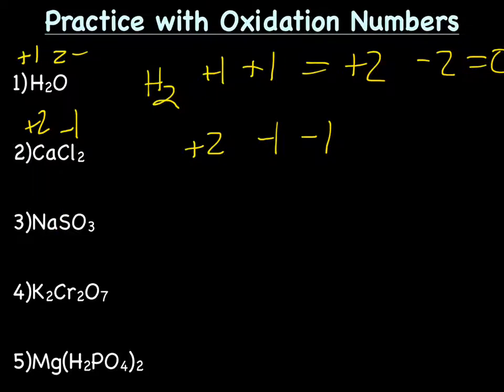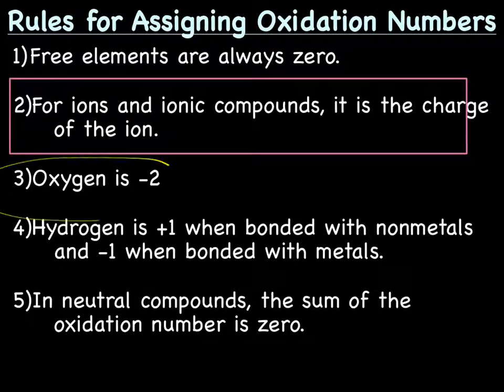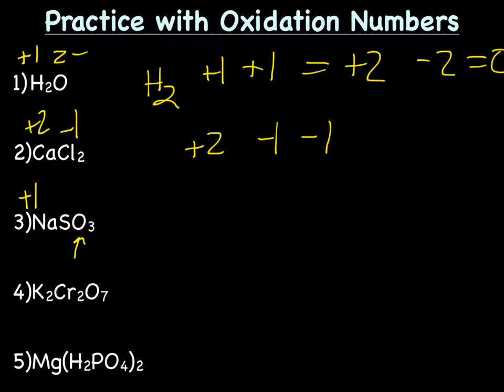But we do know that Na has a 1+ charge, which means its oxidation number is +1. We also know about the O's, right? All O's have an oxidation number of 2-. So we'll put a 2- here.